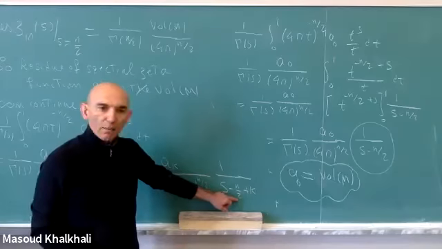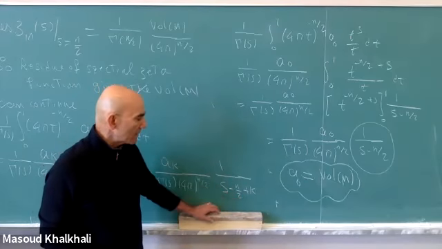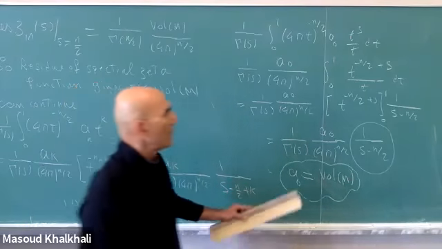Yes. So we see that possibly a pole at n over 2 minus k could emerge, right?